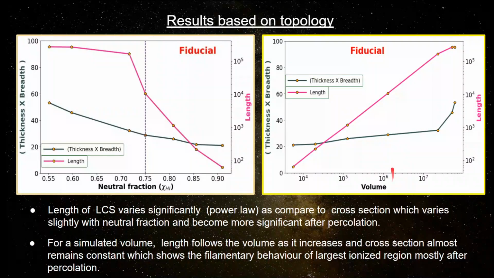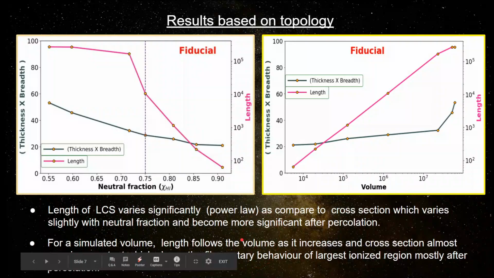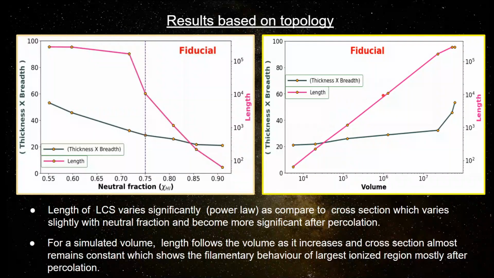This kind of behavior is noticeable in filamentary topology, and thus the largest ionized region mainly follows filamentary behavior after percolation. This result is not limited to the fiducial scenario; the same kind of behavior has been observed for other ionization scenarios as well.